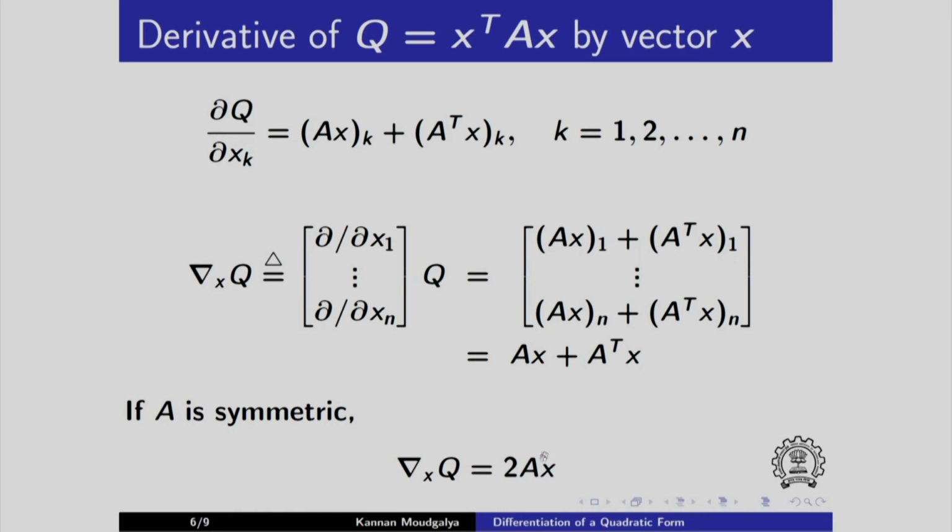As a result, it becomes 2Ax. So we arrive at the expression del x of Q, which is a vector, is this. Notice that Q is a scalar. We are differentiating the scalar with respect to a vector. We will get a vector whose value is given by this.